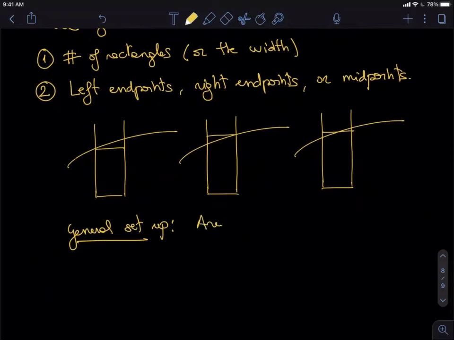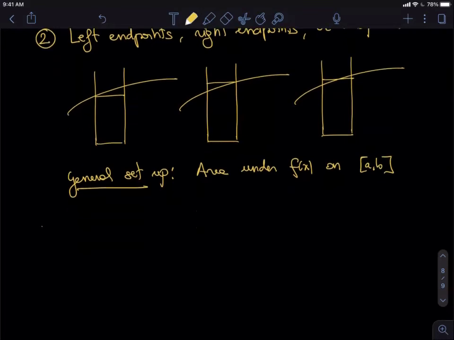So we want to find the area under f of x on AB, on an interval. Okay, so the first thing we get to choose is the number of rectangles n.